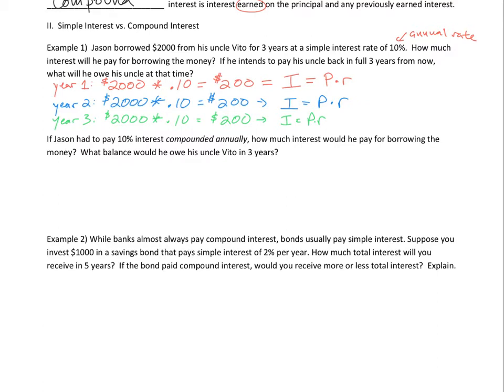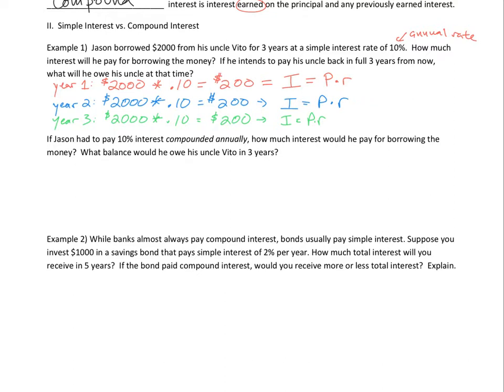So, I mean, why bother doing all of this every single time when Jason will just be owing the same amount of interest each year? So interest for a year is P times R.